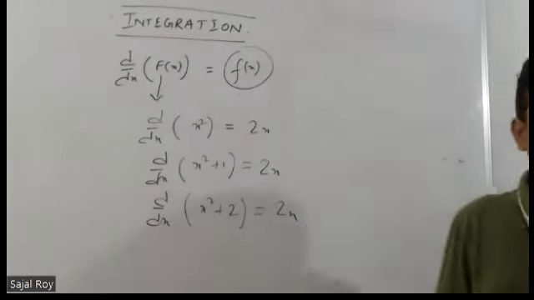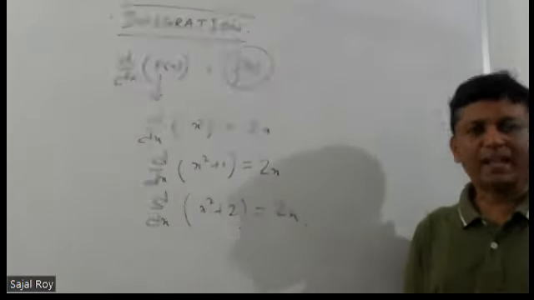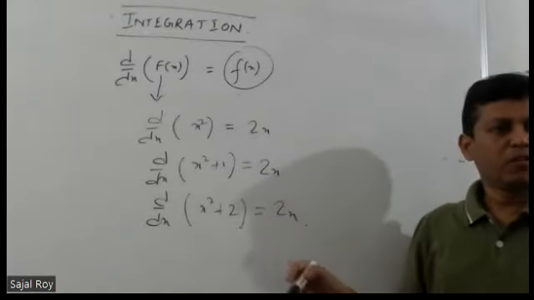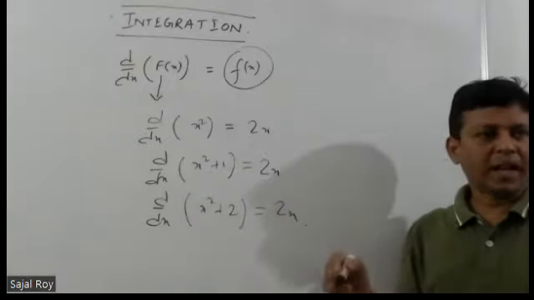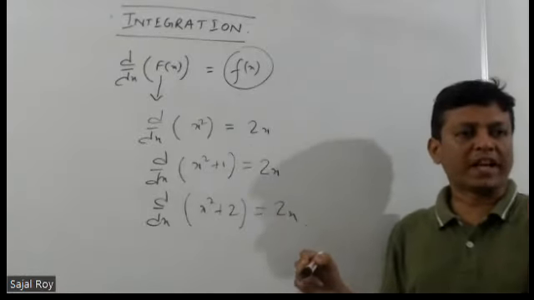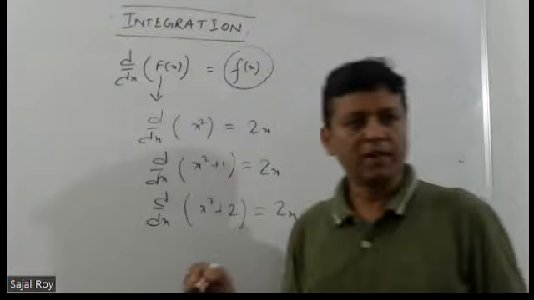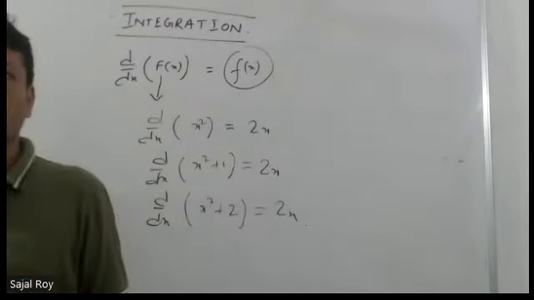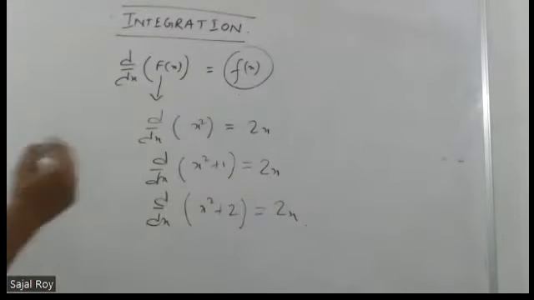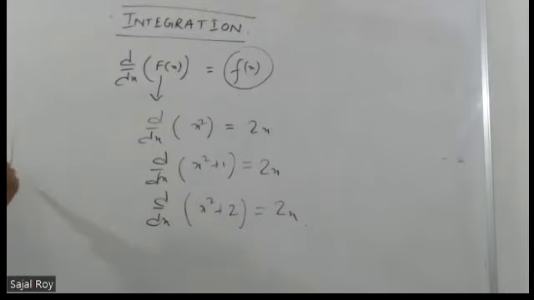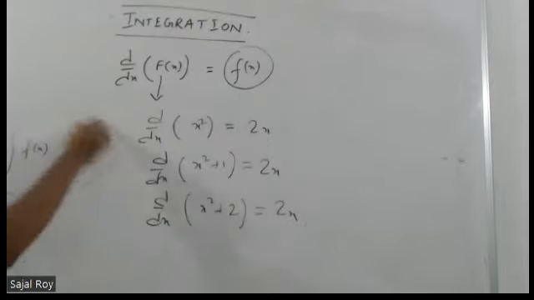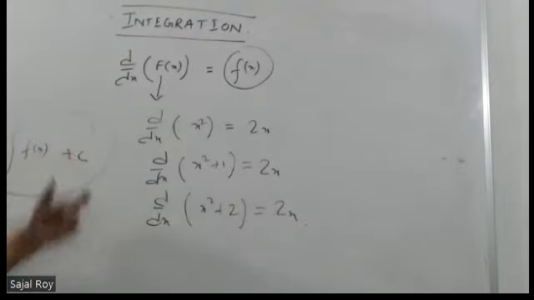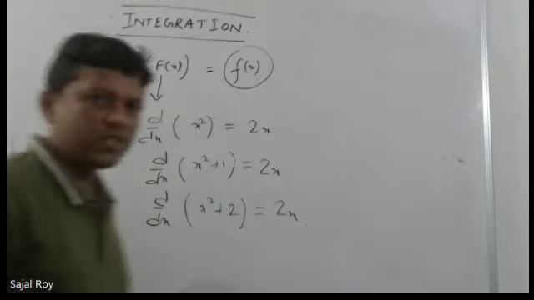Infinite. So if you integrate 2x, we have to write the result in terms of a constant. That is why the constant is there after the integration, because there are infinite functions whose derivative is 2x. So usually, if we integrate, we have to put a constant. That is why the constant c.